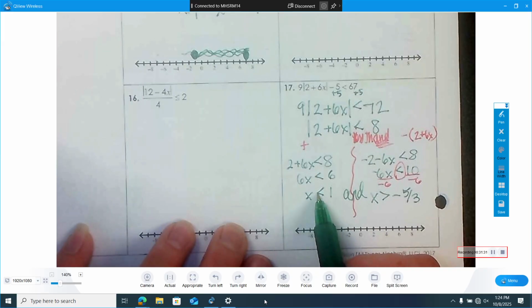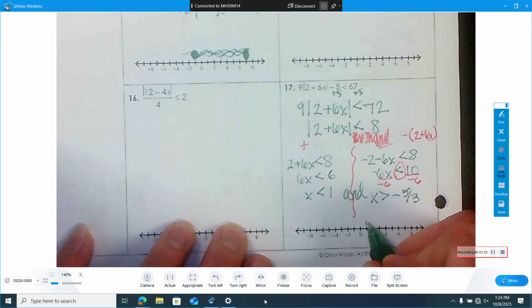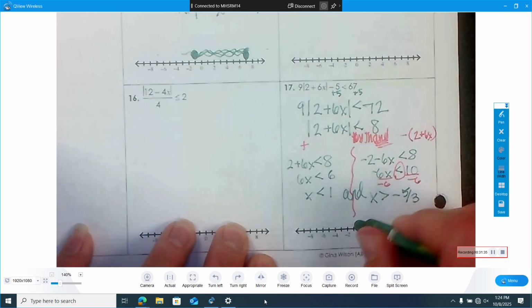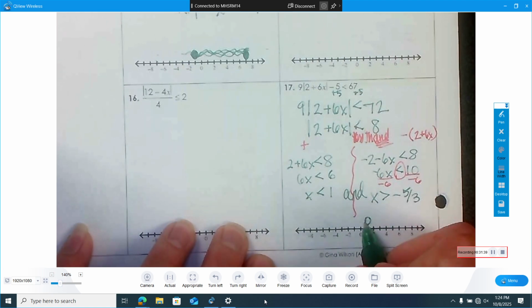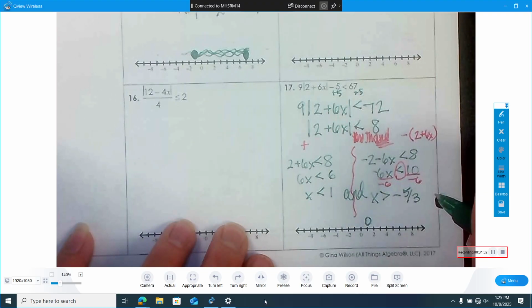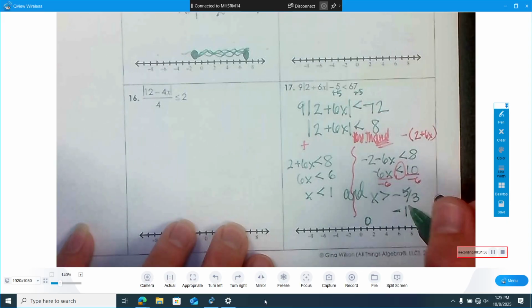So we want numbers less than 1. So here's 1. It's an open circle. Open circle. Numbers less than 1. And it needs numbers greater than negative 5/3. Where is negative 5/3 on this number line? So if you think about this as a mixed number, it's 1 2/3.